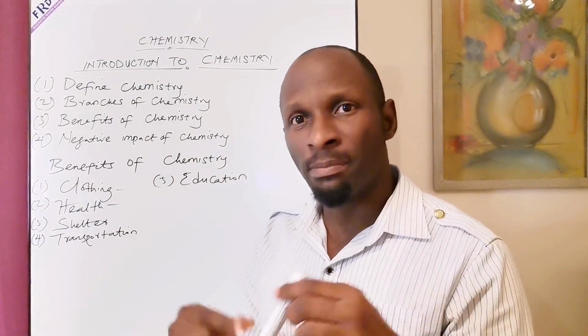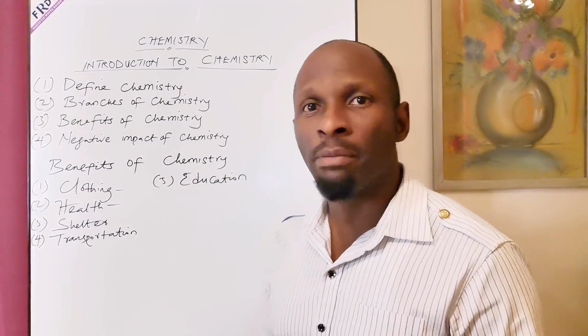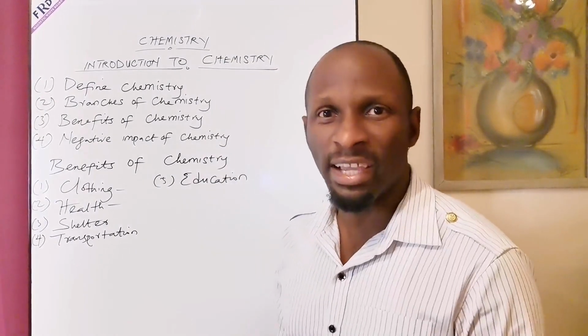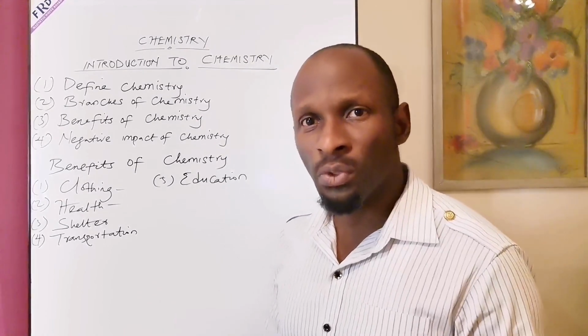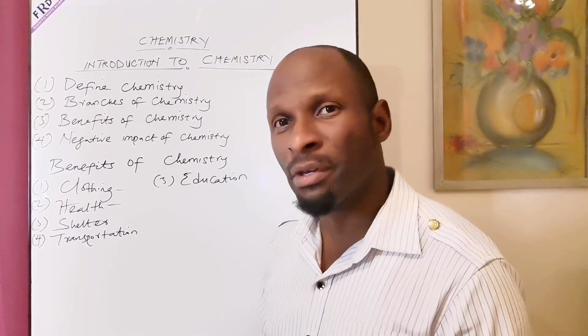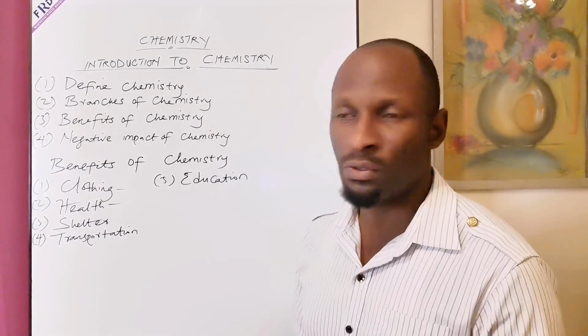Plastic. And this particular plastic is chemically what? Processed. What about the books that we use in writing in classroom? What about the books? Those books are also processed chemically. If not, we won't have the books that we use. Okay?